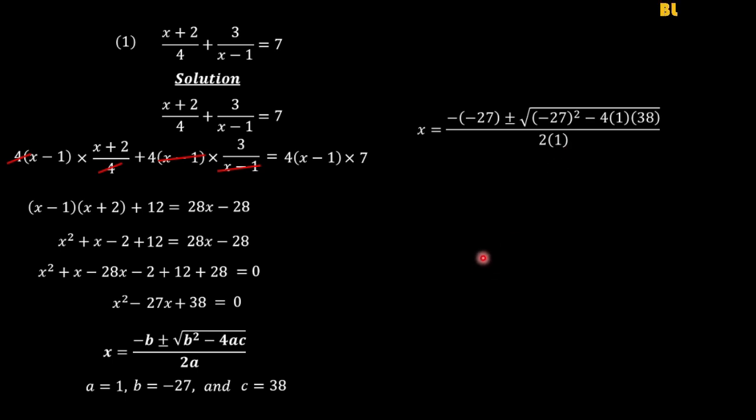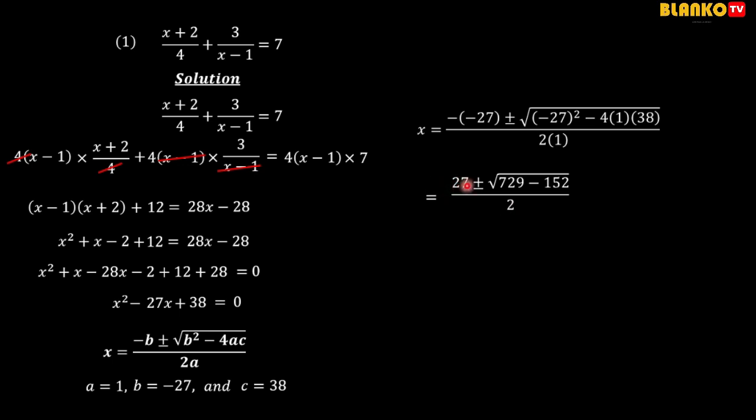I hope you understand. So we have 27 plus or minus the square root of 729 minus 152, all over 2. So negative 27 squared is going to be what? 729. And 4 multiplies 1 and then multiplies 38 to be what? 152.